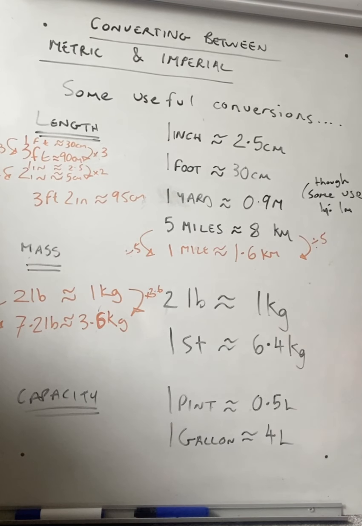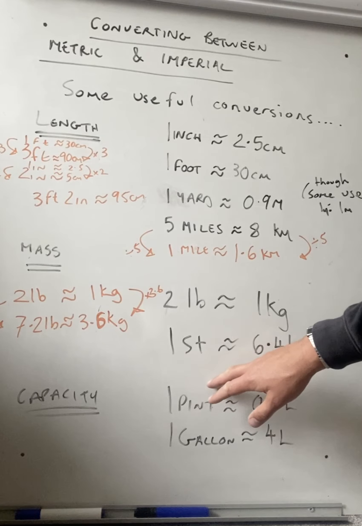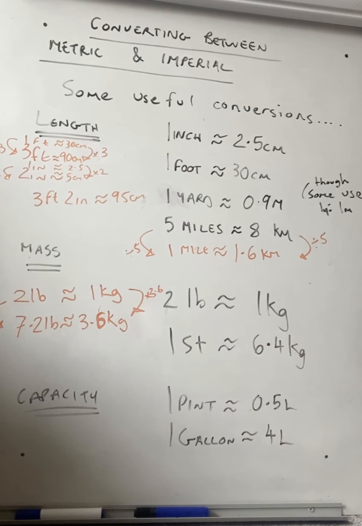It's about 6.4 kilograms. And liquid, again, just the old imperial unit is 1 pint. It's about half a litre. I think it's 568 millilitres, and 568 millilitres is just over a half. So it's not a bad approximation, but again, this is an approximate. It's a rough estimate as to where they are.